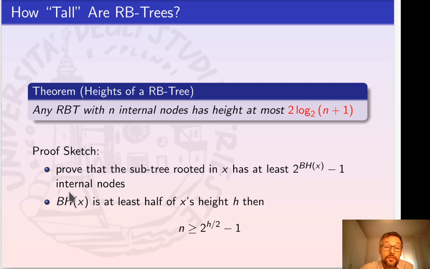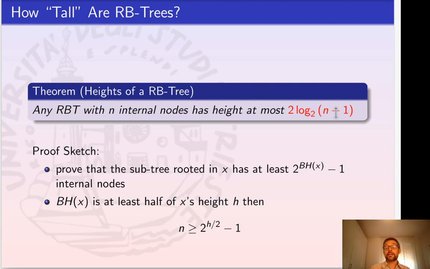Okay, so this value is at least half of the height of x, and so it turns out that we have this equation, and this is due to this property. So by applying some algebraic stuff, we end up with this value. So this means that the height of a regular tree is at most logarithmic with respect to the number of values stored in the tree itself.